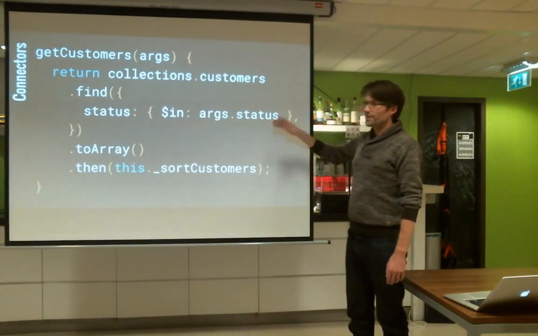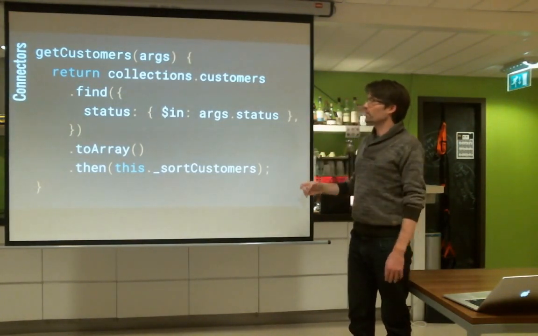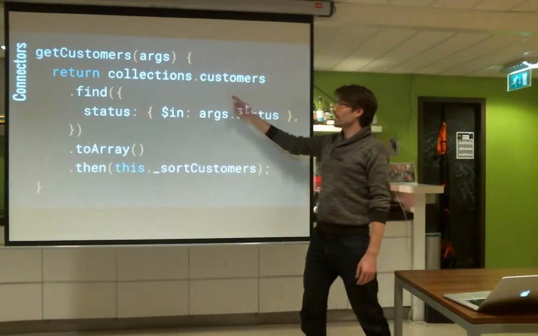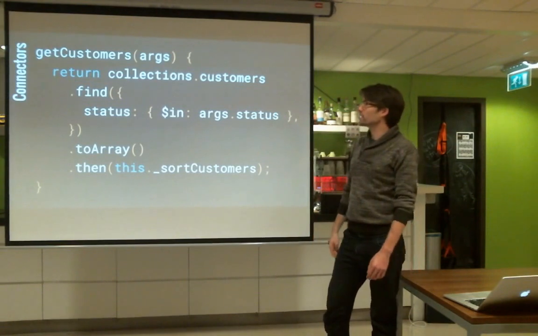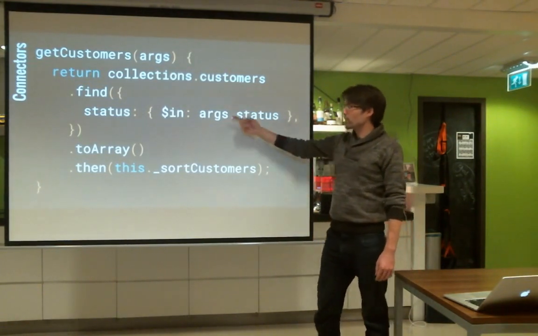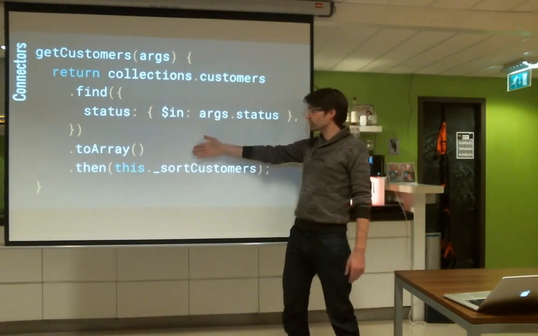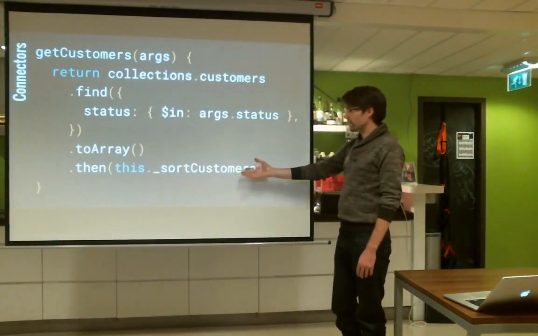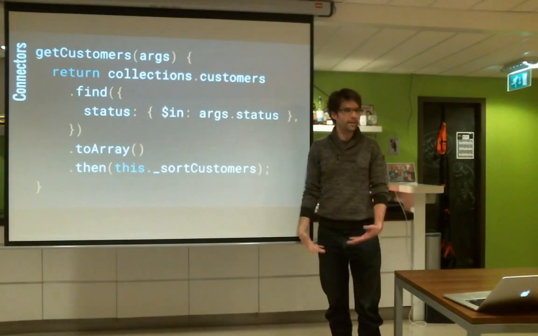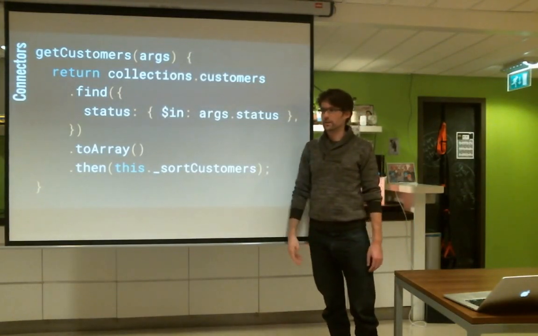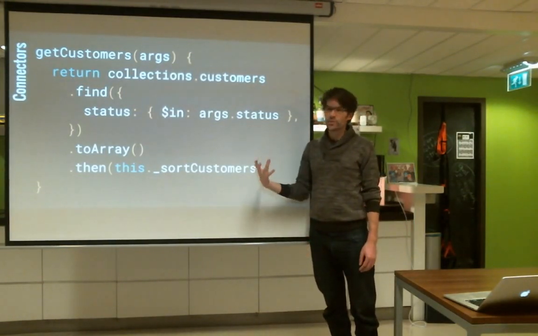I don't have Mongo collections with a capital C, but I have just the native MongoDB driver is what I'm using. It also has the find, and instead of fetch, it has toArray, but it does have a then. So the connectors don't have to be very difficult, but they do the actual data fetching.